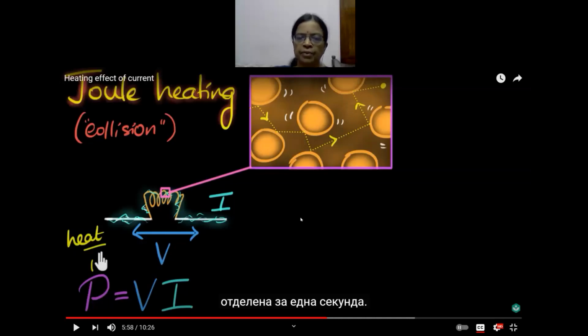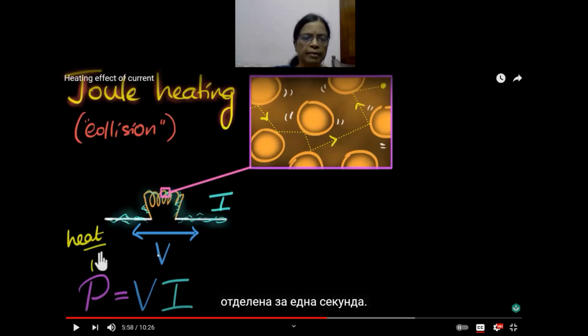Whatever voltage is needed, the transformer converts to that. Houses need only 230 volt, so the transformer near our house steps down the voltage to 230 volt. That is the voltage across the bulb, 230 volt for example.